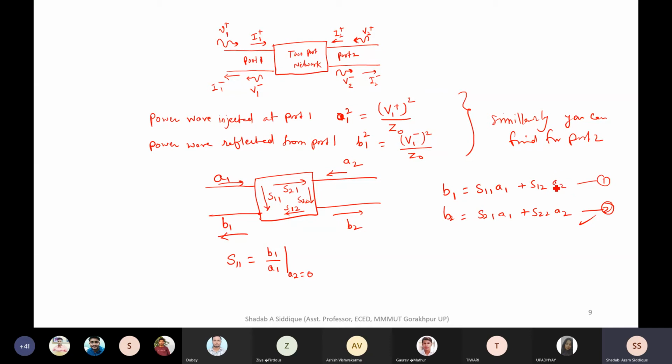We can take A2 equal to 0, which means port 2 is matched terminated. Matched terminated means all the wave which is coming will be dissipated here, so no wave is coming back this side.